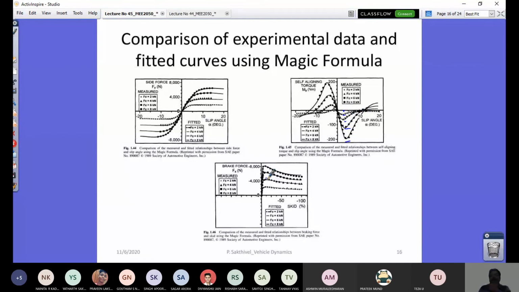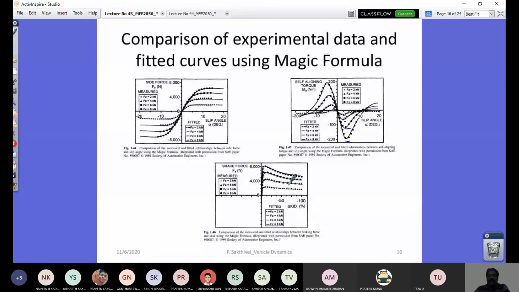And if you look at the same magic formula as a function of skid, if you plot, and you vary your load, you can get such kind of thing. So the same formula for different loads, we are able to get this, which means that the formula is a best fit of your experimental data. That is what you understand from this.